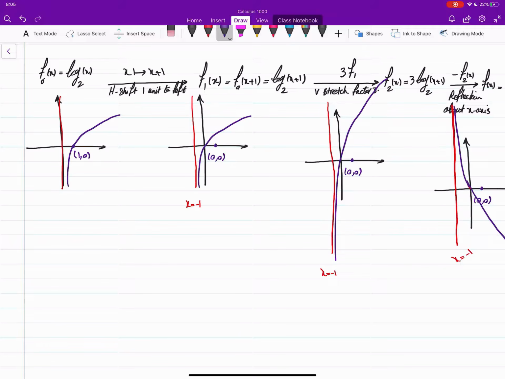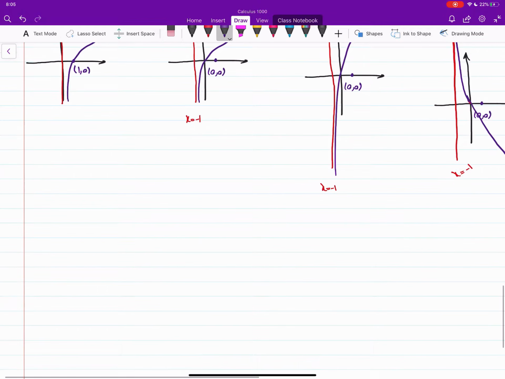Let's just do one last thing, which is a definition. Remember that when we were working with exponential functions, the exponential function with base e was called the natural exponential function. Now here we have the same thing with the base.